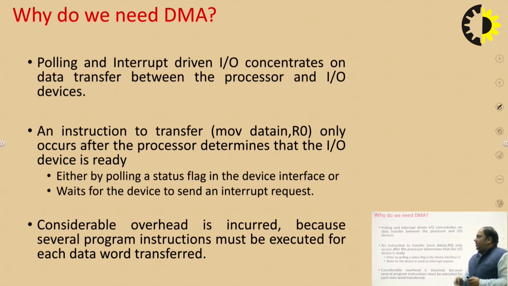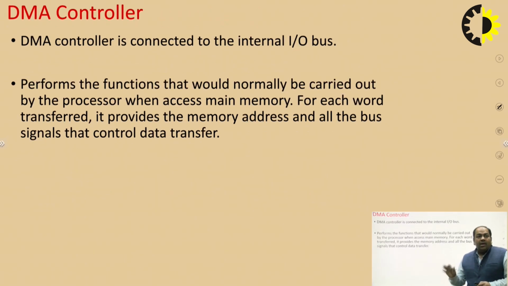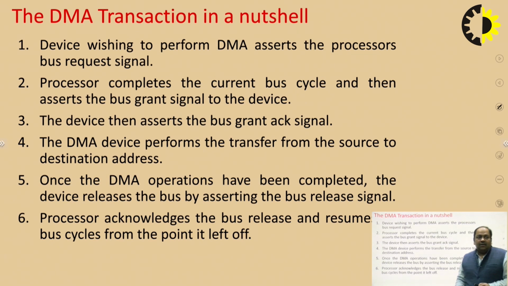Through direct memory access, we minimize the work of the CPU, and we can also send large blocks of data between the external device and the main memory. In direct memory access, the CPU's only work is to initiate the transfer.